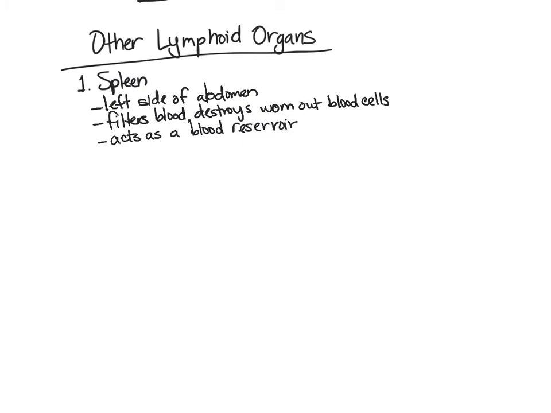Also, it contains a large amount of leukocytes, and this is why it's considered part of the lymphatic system, because it has a lot of leukocytes, which means it's part of the lymphatic/immune system.